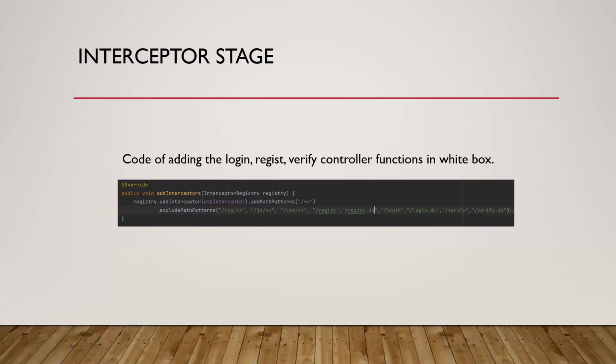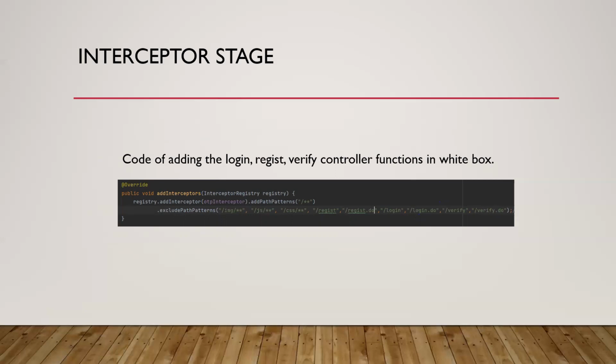If the users do not have the permissions, they cannot request these controller functions. So each time the users want to request the controller functions, they must verify the TOTP, and the TOTP can only be generated after successful authorization by a static password. This is the logic of our design.